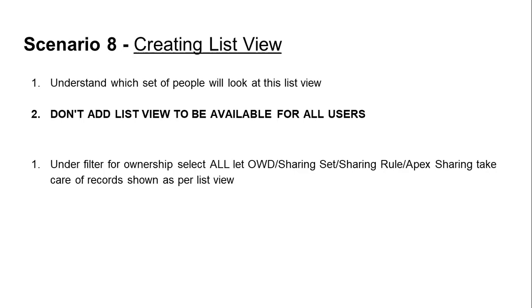Next is around list views. Although list view creation is considered a very simple task, people actually don't pay much attention to it. When you create a list view, don't make it available for all users. Check what set of people should actually be seeing it. Create a public group for those users and make it available only for that set of people.